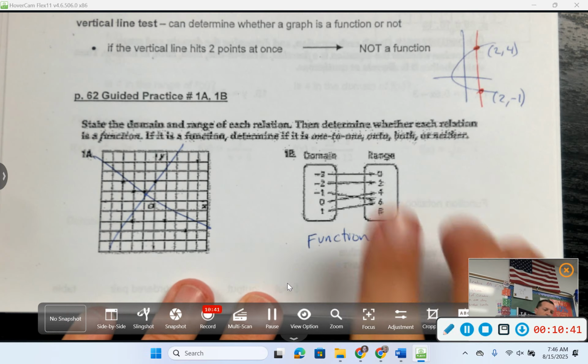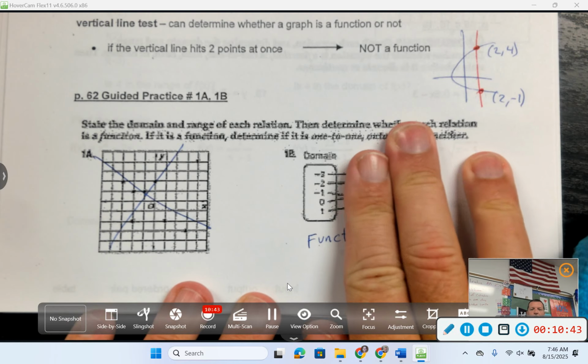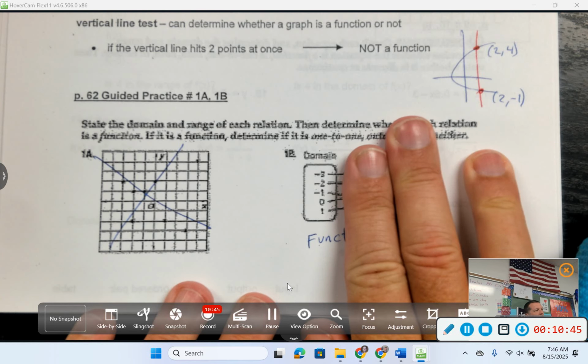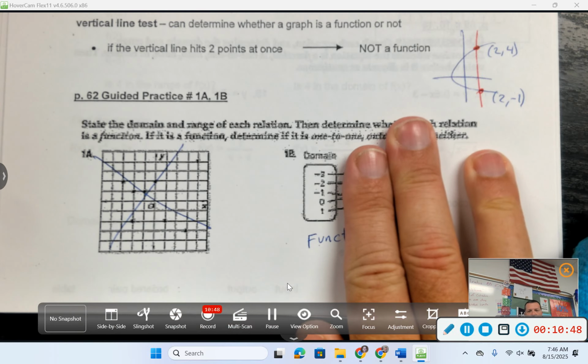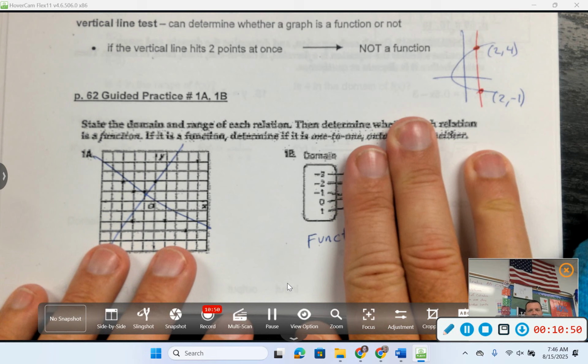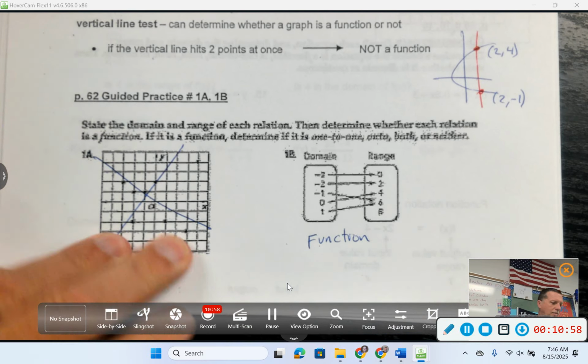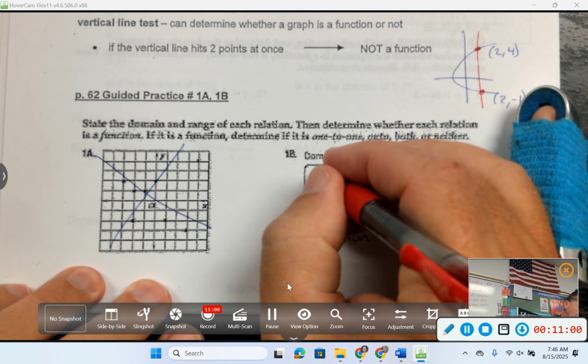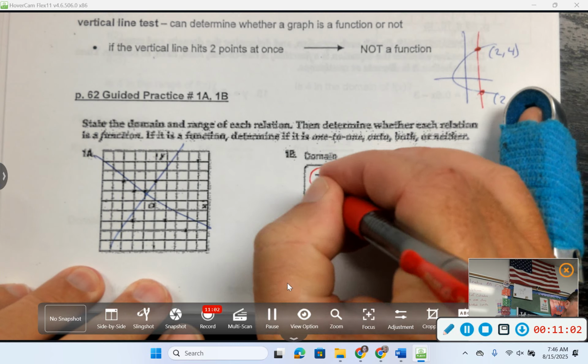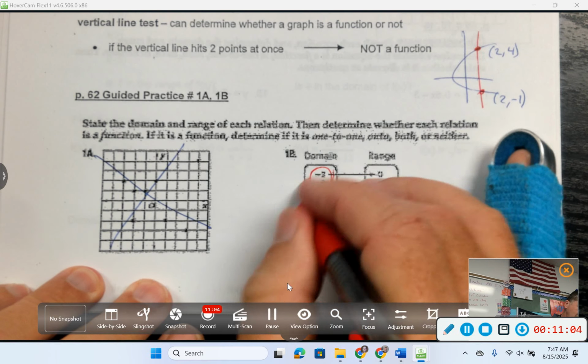In some ways, you can tell it's a function just by looking at the arrows of the domain. If nothing has two things coming off of it, then you're good. Oh, you're right. Good catch. Thank you. I wasn't even paying attention. That's like that one from earlier. There are two negative 2's. So, yeah, that's not a function.